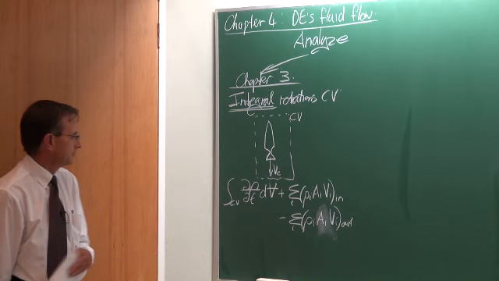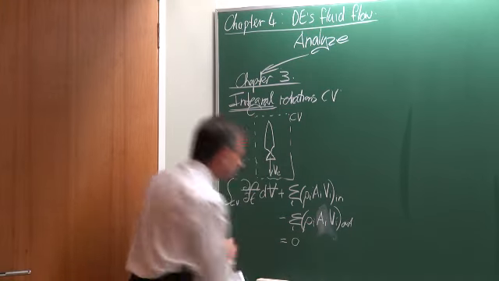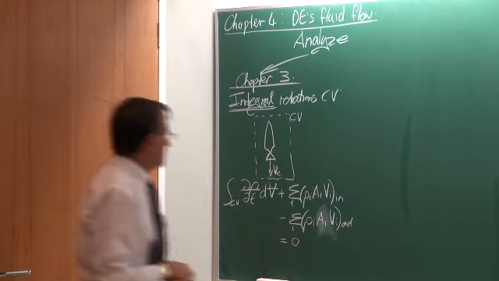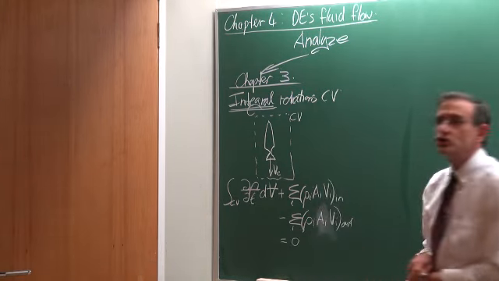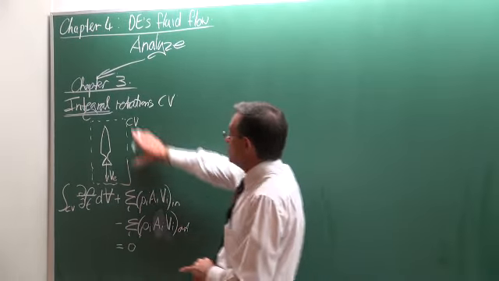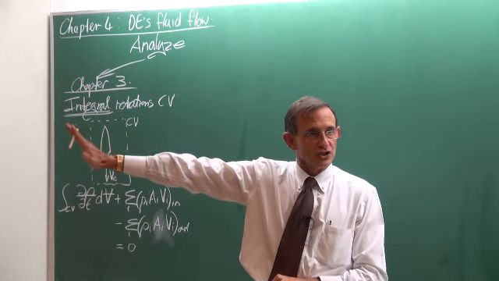And that would be equal to 0. And that is the continuity equation, but it's the continuity equation in the format for integral types of relationships.